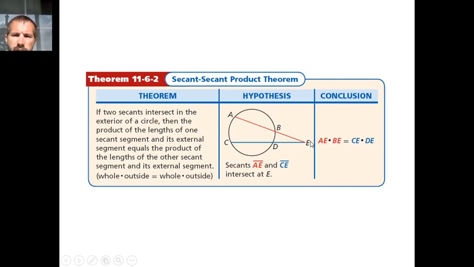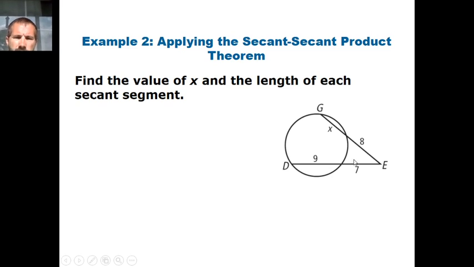So let's take a look at what this looks like. In this, we have two secant lines intersecting on the exterior. So we're going to do whole times outside equals whole times outside. So the whole part of DE, that means 9 plus 7, which is 16, times the outside part, which is 7. So 16 times 7 equals whole, which is X plus 8, times outside, which is 8.